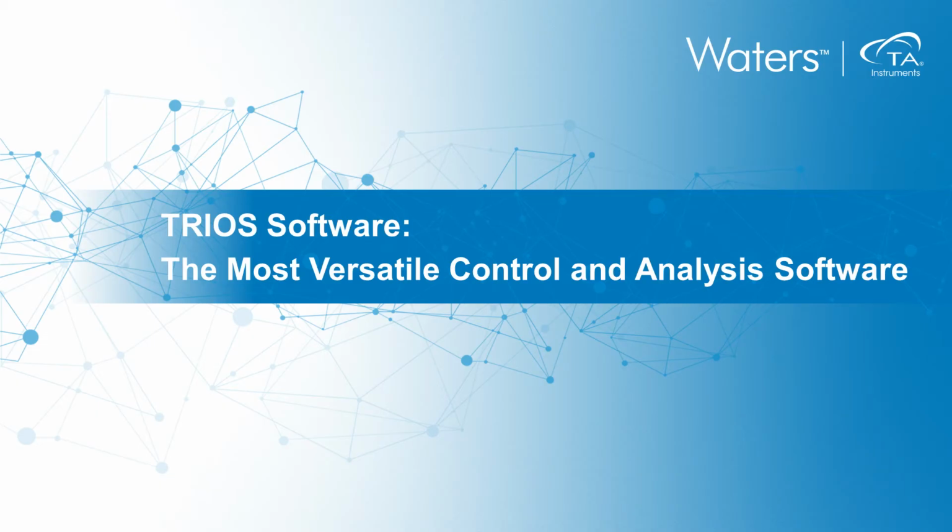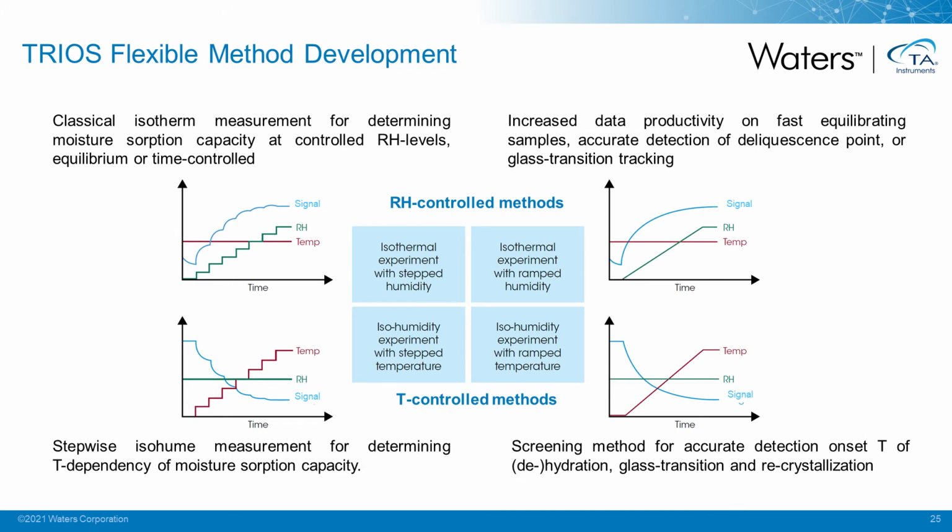Talk about software for a moment. We've already talked about how flexible we are in terms of setting up experiments. You can see at the top we have the classic type of experiment in the upper right-hand corner, which is stepped RH. We also have shown some ramped RH experiments here, for fast equilibrating samples, comparison between materials, or measuring deliquescent points.